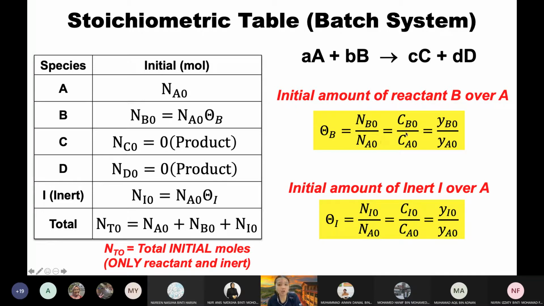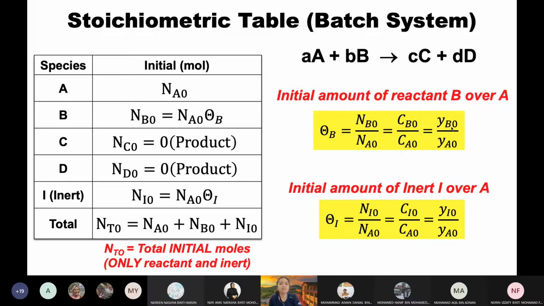Or you can also kira theta B if you are given initial concentration of B over initial concentration of A. Or if you are given in terms of initial mole fraction of B terhadap initial mole fraction of A. Contohnya katakan dalam soalan this says, initially I have 60 mole percent A dan remainder dia mole percent B. So of course kalau 60 mole percent A adalah 40 mole percent B kan.